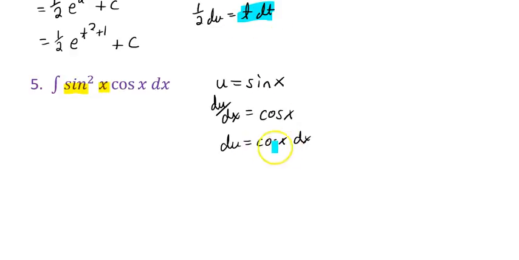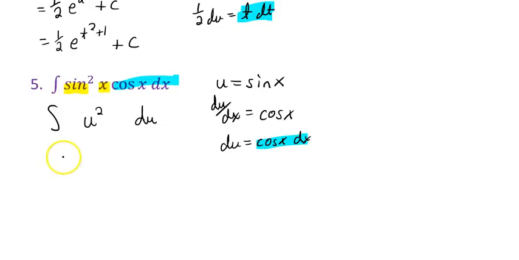And that matches the cosine dx in the problem. So I'm going to take that out and replace it with du. And then because I chose just the sine as my u, and the sine was squared in the problem, I have u squared.